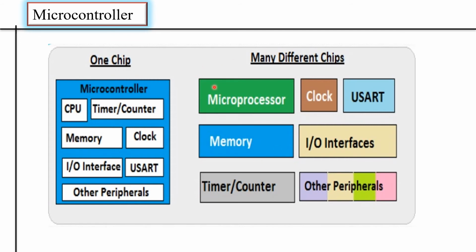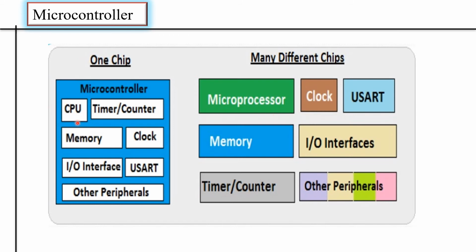See here, I have shown a microcontroller and this is a microprocessor. A microcontroller is a single chip, which is called a single chip computer, right? A microprocessor is a general purpose device which is called the CPU.